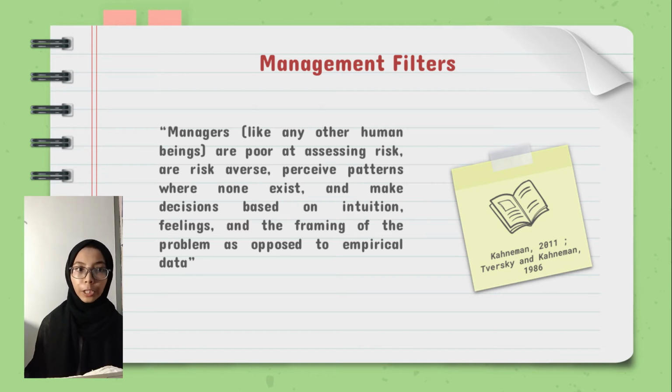Cognitive scientists, behavioral economists, and recently neuroeconomists have found that managers are just like other human beings. They are poor at assessing risk, are risk-averse, perceive patterns where none exist, and make decisions based on intuition, feelings, and the framing of the problem as opposed to the empirical data.